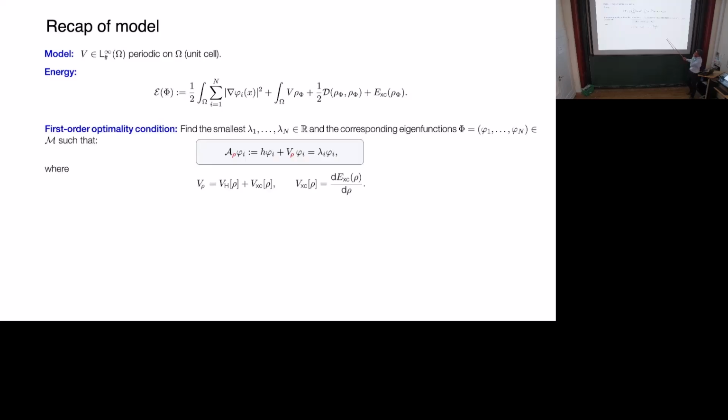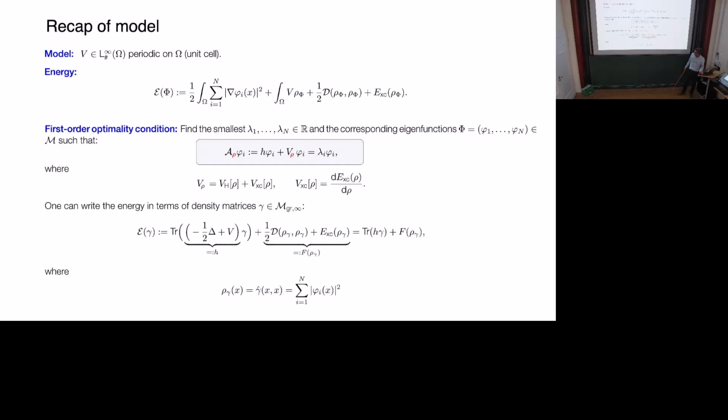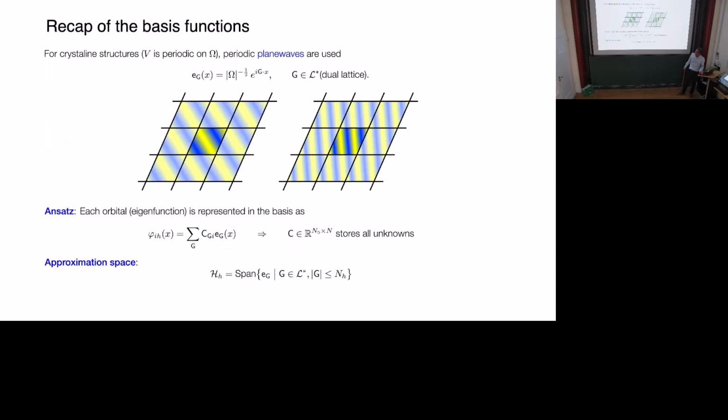But let's go now to plane wave DFT. This is just a recap. These are the stationary equations. I've told all the ingredients already. This is just to refresh. These are the basis functions. Again, we have these plane wave Fourier modes that are periodic.